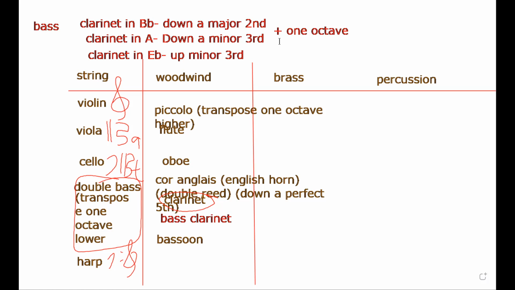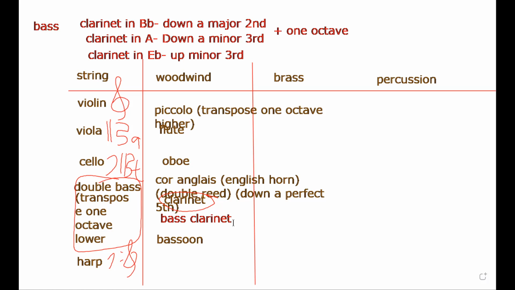Whenever there is the word bass, that means on top of your clarinet in A flat, for example, your clarinet in B flat is supposed to be down a major second, right? Because of the word bass, you need to go down 1 more octave. Understand? Can follow? Yeah, can. Okay, so there's also another instrument called bass clarinet, which is even lower.